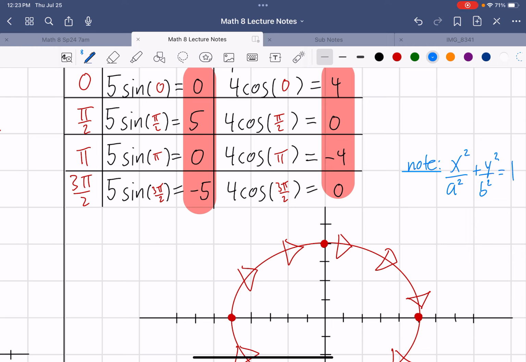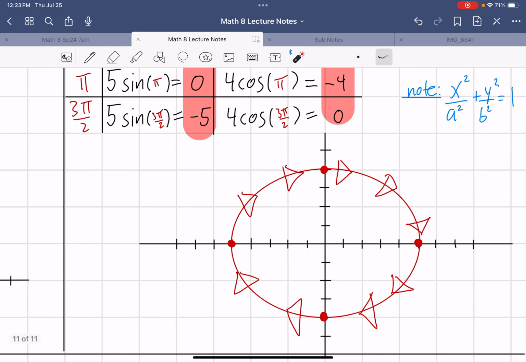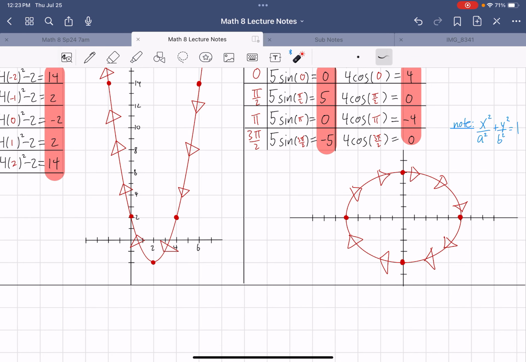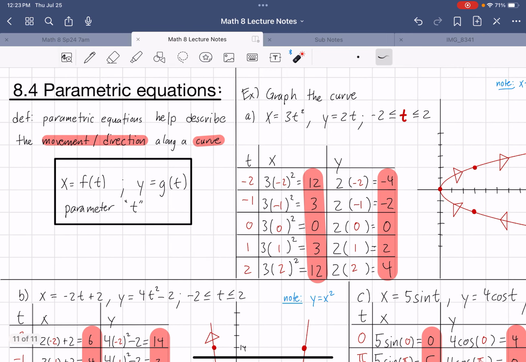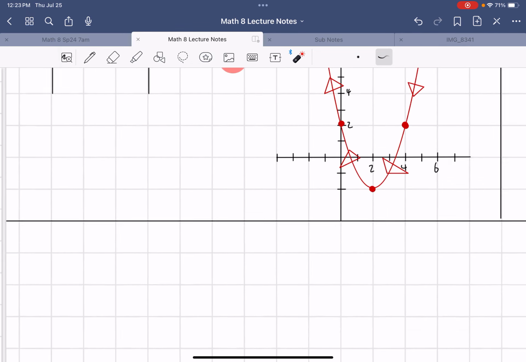That was your standard, not the general equation, but this was an ellipse centered at the origin, which we have here. Now, why do I keep highlighting these? That's because we can actually rewrite all of these parametric equations back into their standard form.